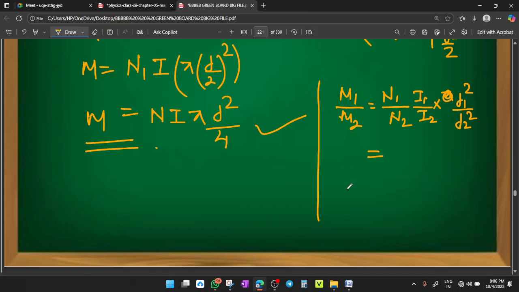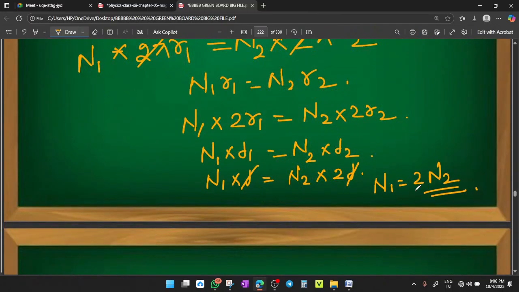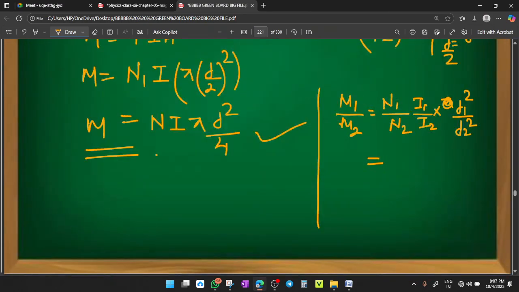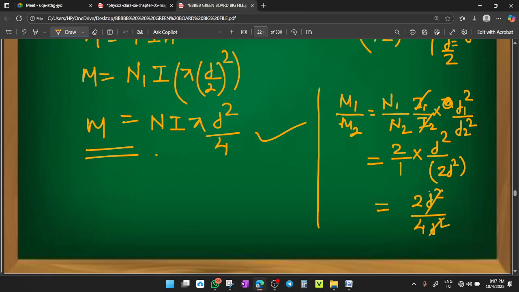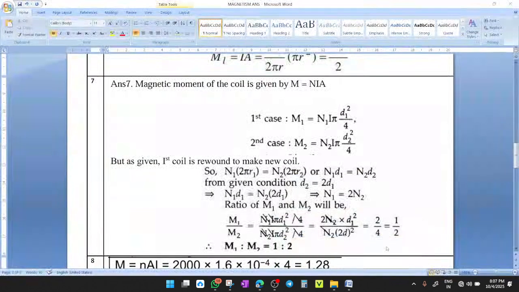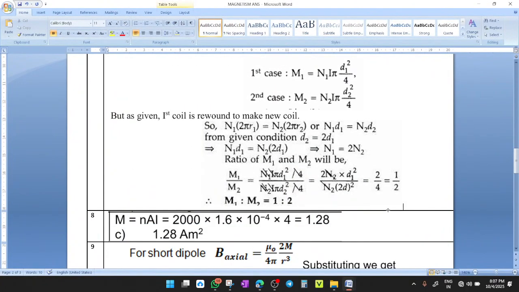N1 equals 2 N2, so N1 upon N2 equals 2 ratio 1. Current will be the same both times. And d1 is d square, and d2 is (2d) square. So 2 d square upon 4 d square, cancel d square. Answer equals 2 upon 4, which equals 1 by 2. So the answer should be 1 by 2. Let us check the answer. Yes, correct. Answer equals 1 by 2. Done.